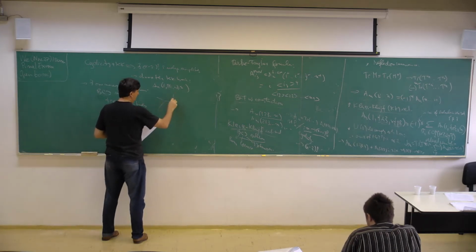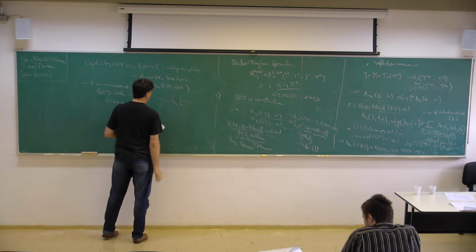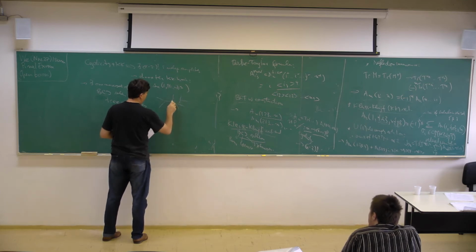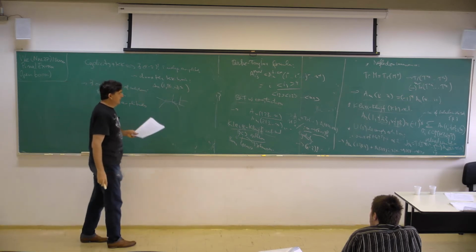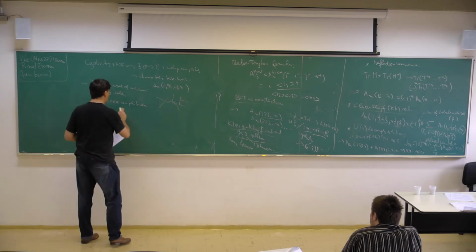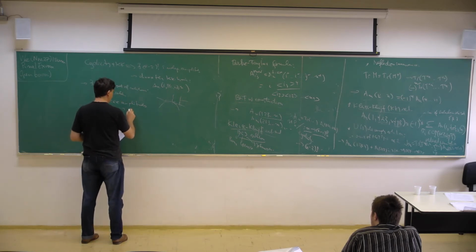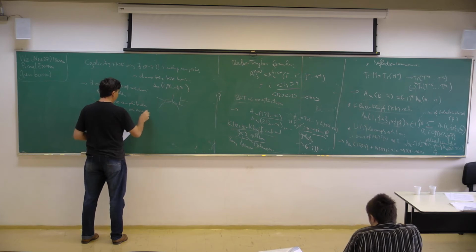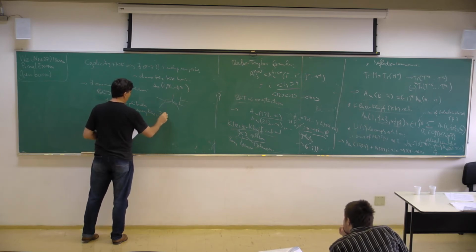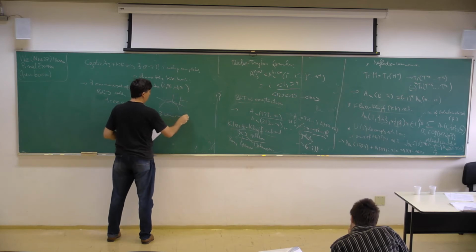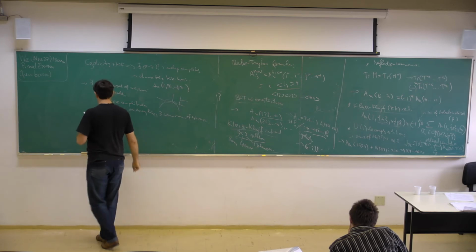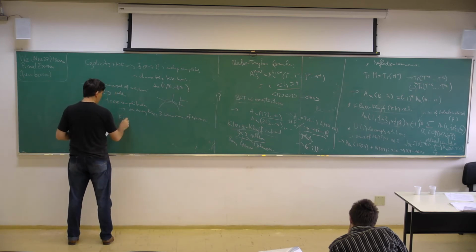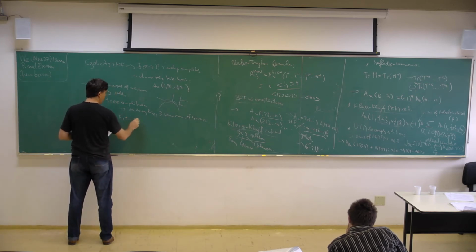There's a cubic diagram like this, and every line in the diagram carries some sum of the external momenta, let's call them K1 until KL.